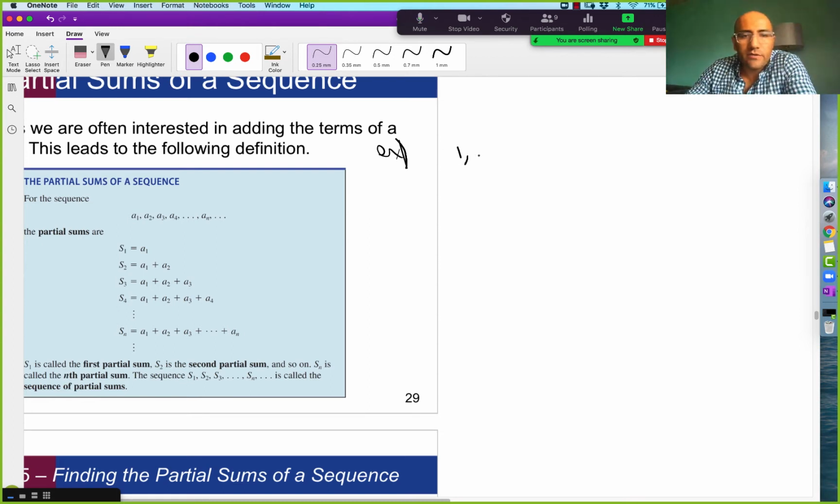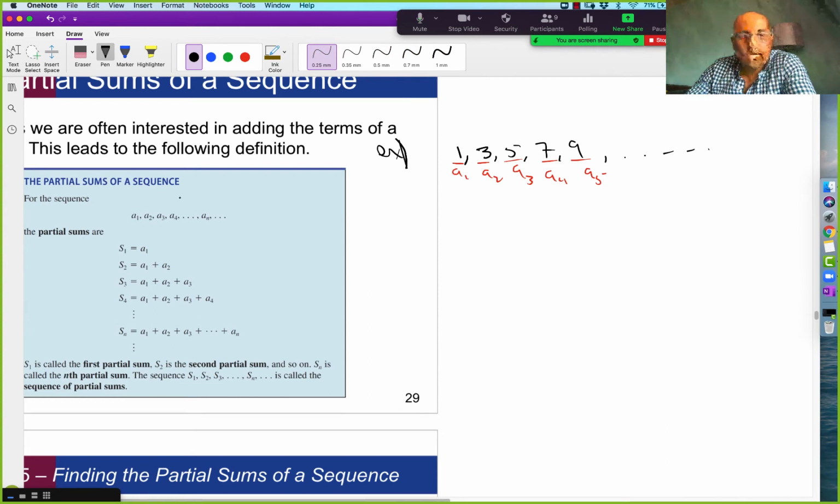So here's the sequence: 1, 3, 5, 7, 9. Here is a sub 1, here's a sub 2, here's a sub 3, here's a sub 4, here's a sub 5. So here is a sequence that's given.